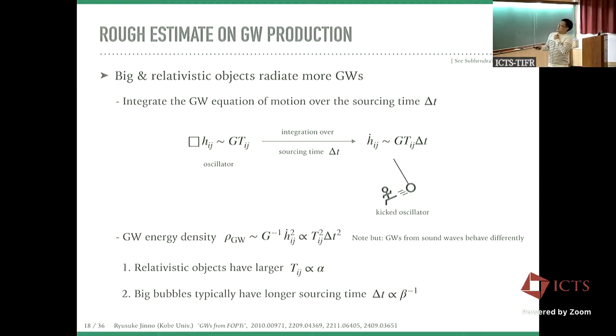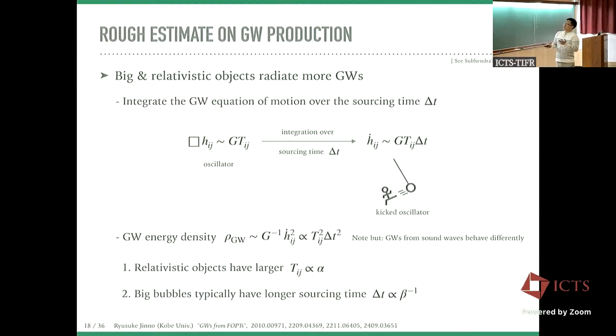If you remember that the gravitational wave energy density is roughly the inverse Newtonian constant times h dot squared, and you substitute this expression, then you will find the proportionality T squared times delta t squared. The first dependence, T_ij, is roughly proportional to alpha, the vacuum energy released from the transition. And the second quantity, delta t, the sourcing time, is proportional to beta inverse because each bubble has the size v_w over beta.